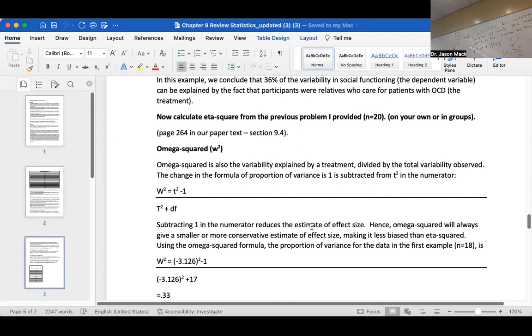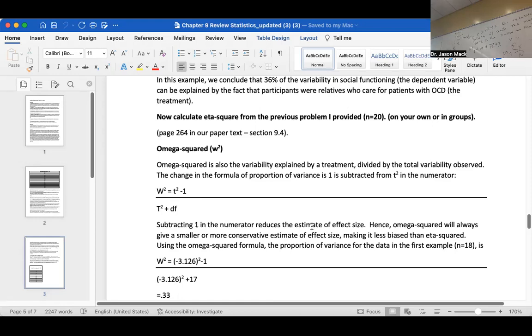So ω² is equal to t squared minus 1 divided by t squared plus degrees of freedom. Subtracting 1 in the numerator reduces the estimate of the effect size. Therefore, omega squared will always give a smaller or more conservative estimate of the effect size, making it less biased than eta squared.